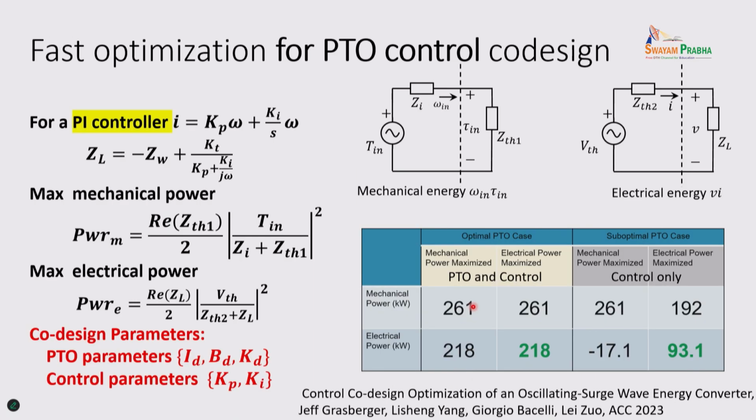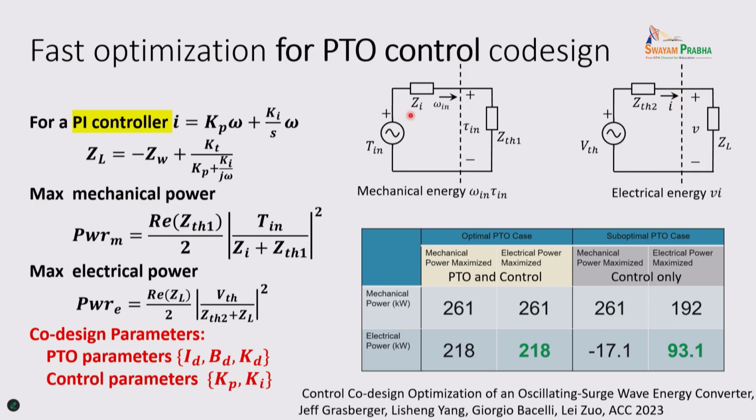I give you the result here, and you can find more details in the paper. Basically, in this flap system, we design the controller, and we can maximize the mechanical power output, which is torque and rotation speed, or we can maximize the electrical power output, which is voltage times current.